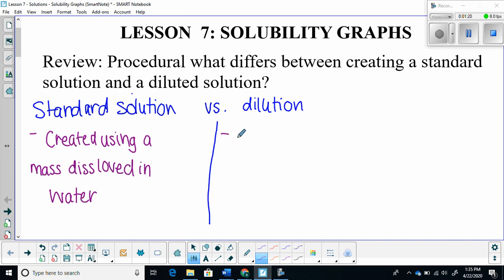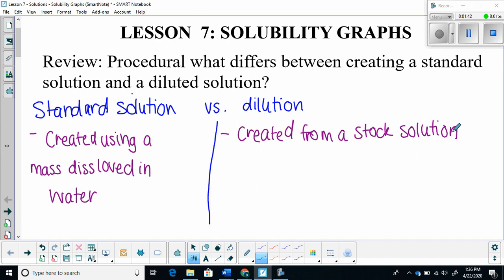What happens when we do something from dilution, it's actually created from a stock solution. So let's say we have a solution of 0.1 molar and we want to dilute it to 0.01 molarity.